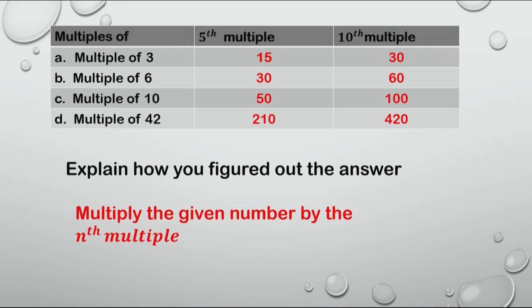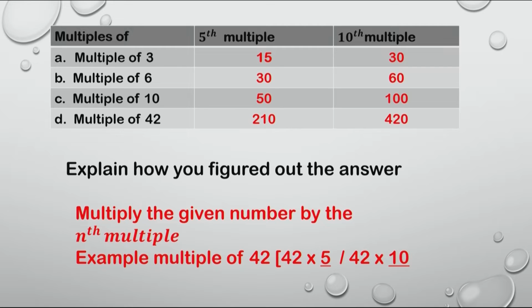So it's multiply the given number by the nth multiple. For example, you want to find the 5th multiple of 42, so multiply 42 by 5. You want to find the 10th multiple of 42, multiply 42 by 10. So that's very easy to do.